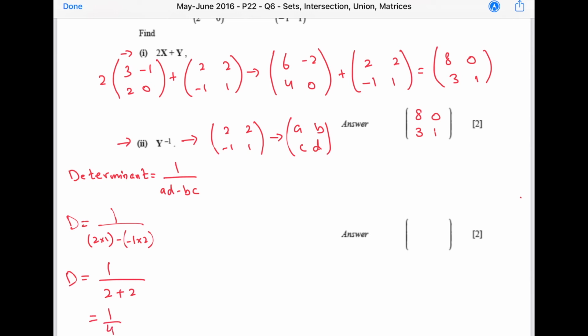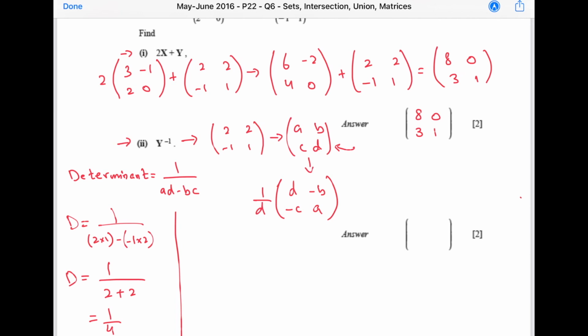Once we've done that, what we have to do next is, to find the inverse of this matrix, convert it into D, A, negative B, and negative C, and then multiply that by 1 over the determinant.